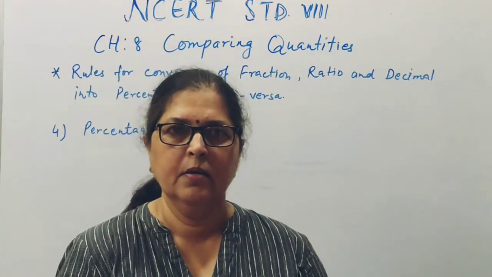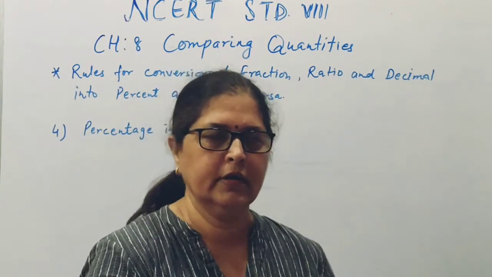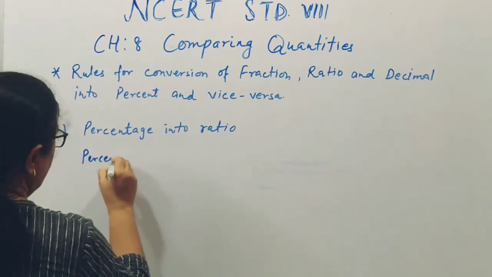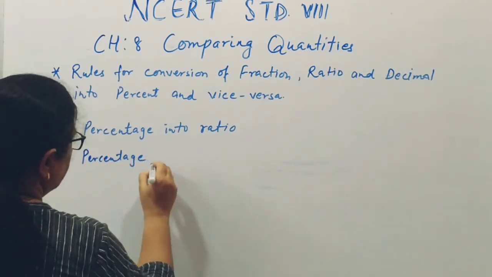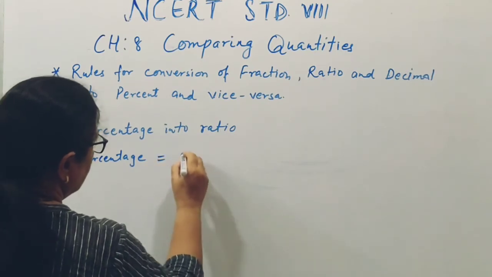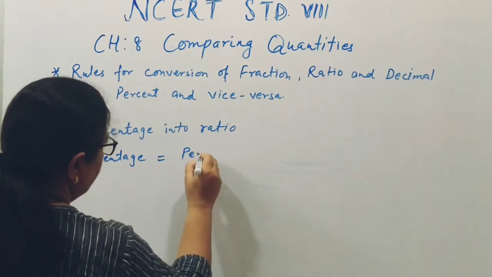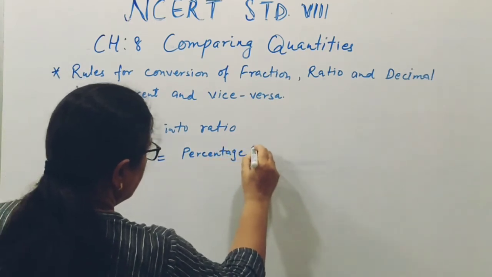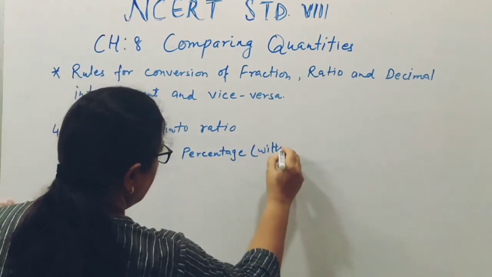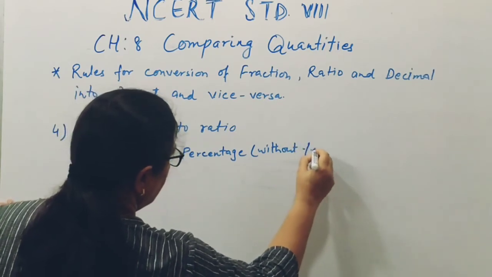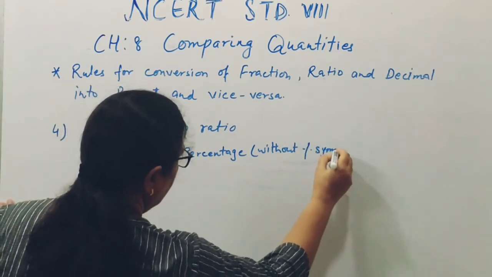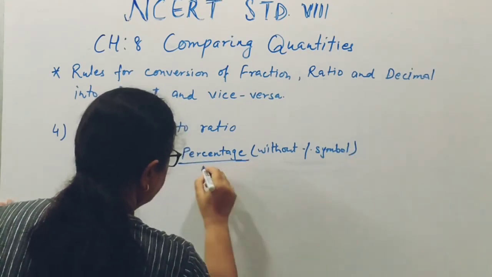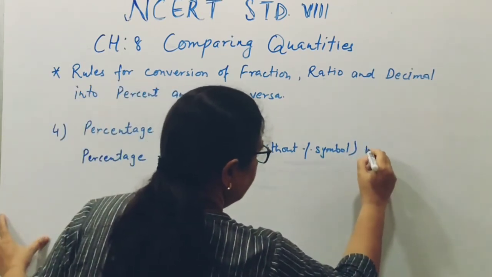Number 4, percentage into ratio. This is percentage without percent symbol upon 100 in simplest form.